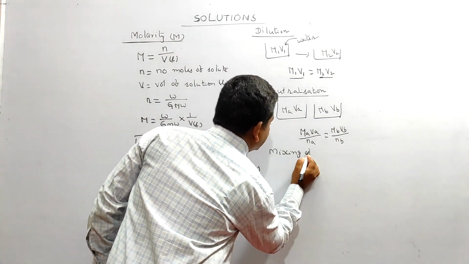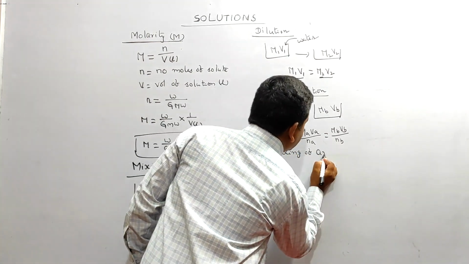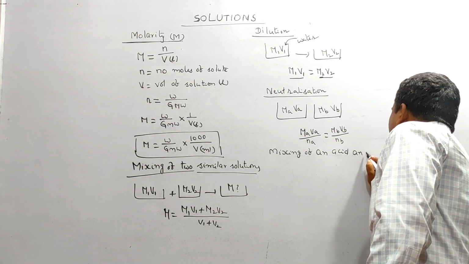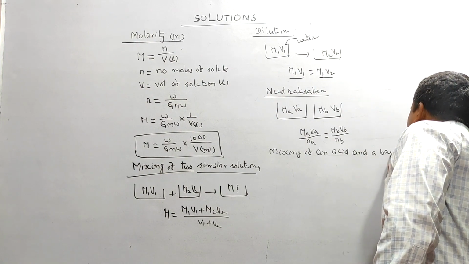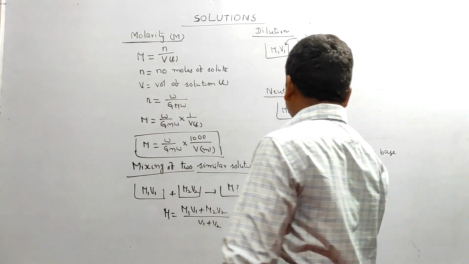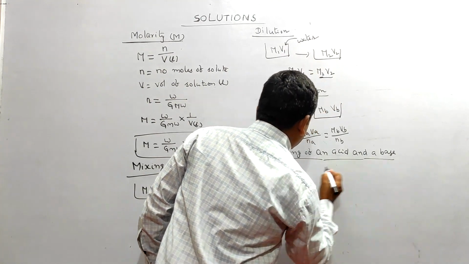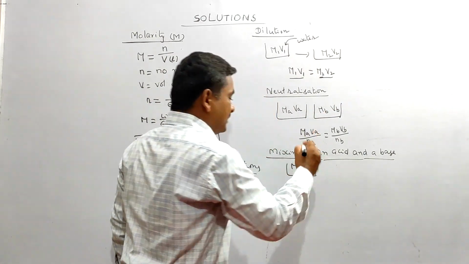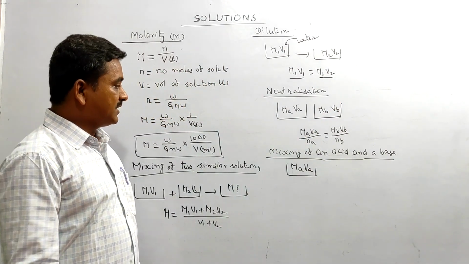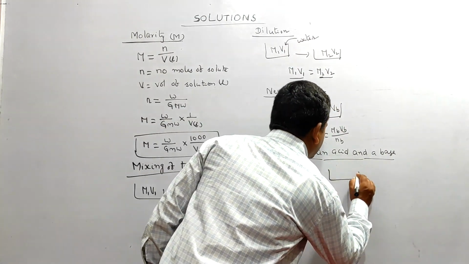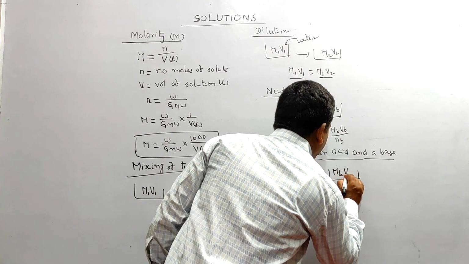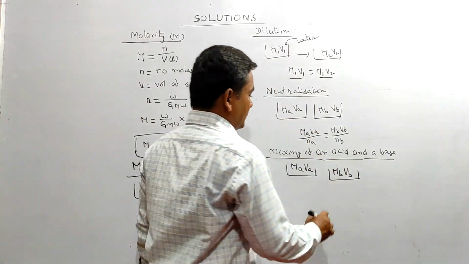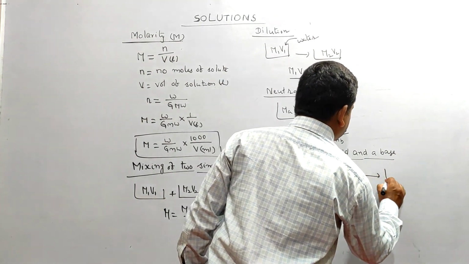Let us see mixing of an acid and a base. This is different from neutralization. Suppose there is an acid of Ma concentration and Va volume. There is a base of Mb concentration and Vb volume. We have mixed it.